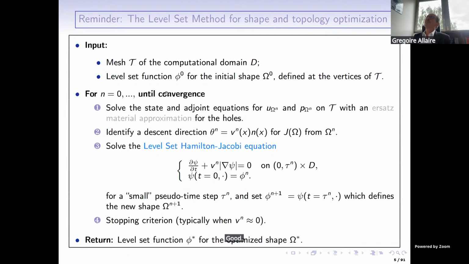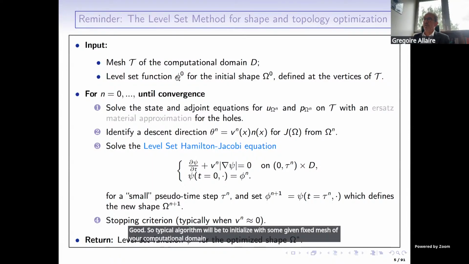So a typical algorithm will be to initialize with some given fixed mesh of your computational domain D. You initialize a level set function phi 0 for representing the initial shape. And then at each iteration n, you solve the state and the adjoint equation with this ersatz material inside the holes. You identify the descent direction with these vector fields V n, which is typically in the direction of the normal from the formula of the shape derivative.